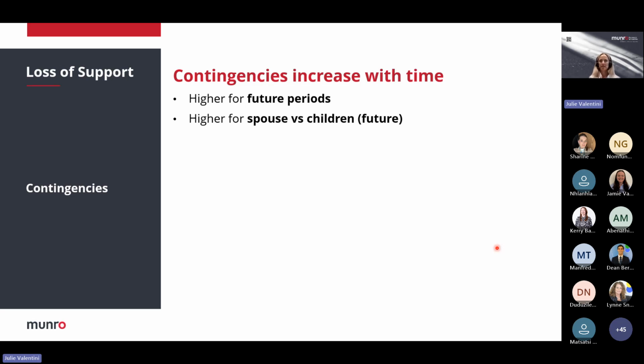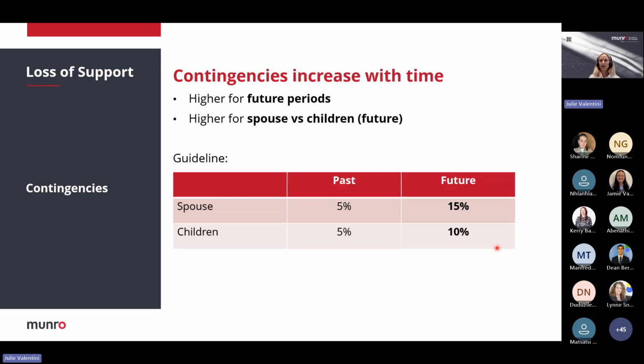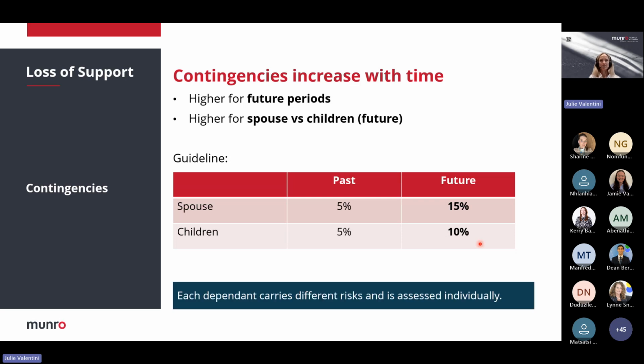So those future periods tend to be slightly shorter for children, which means the standard ones that we see, and again, we call them the standard RAF contingencies, tend to be slightly lower for children in future. But again, a big proviso on that: this is not at all saying these are the contingencies that should be applied. This is just the standard ones, and each dependent's risks need to be assessed separately.